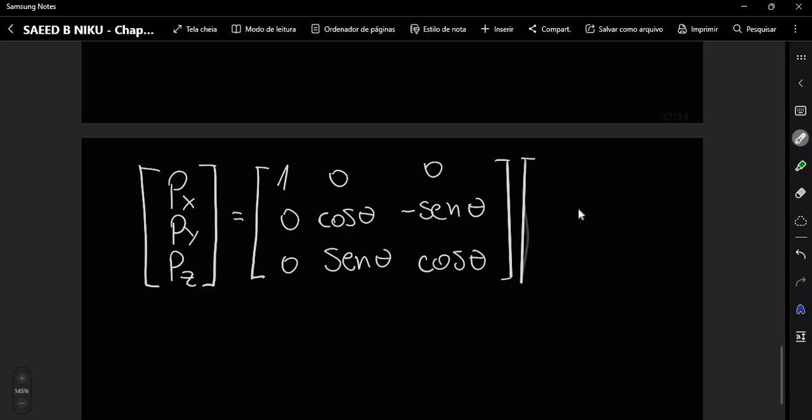And this is the referential system that we are using to track this point.